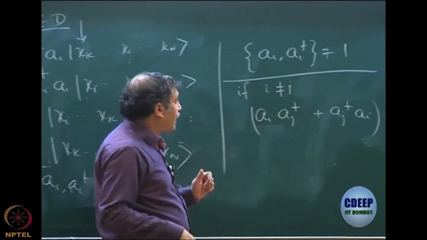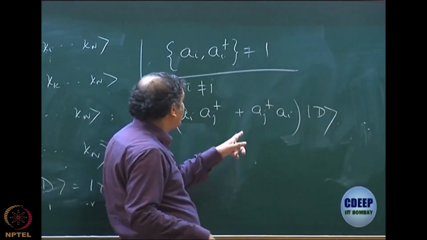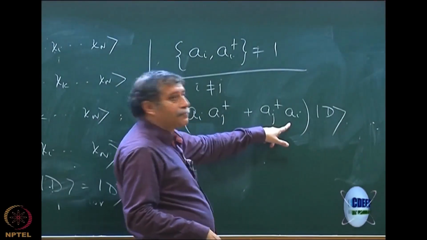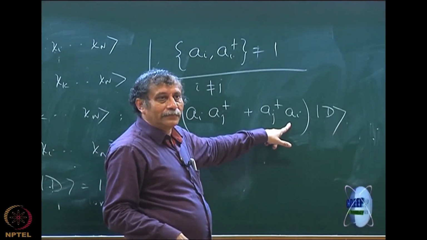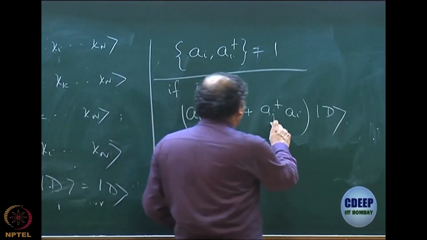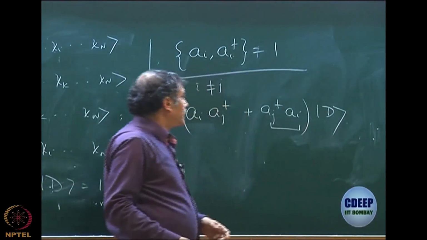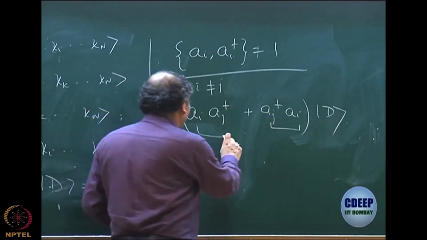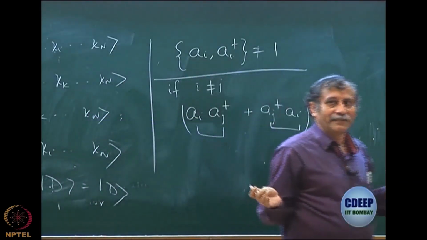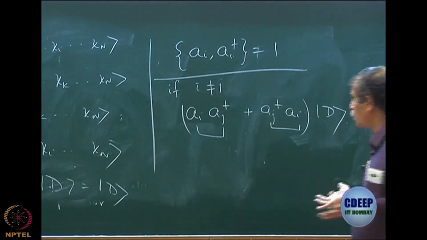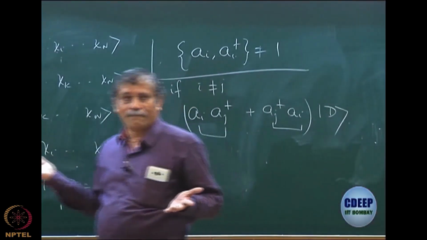If you look at it very carefully, if either way j is present and I is absent, it will not survive. Because if j is present and I is absent, this cannot act, neither can this act, because j is present. So, I can't create, right. And in fact, if either of them is true, this will not act.